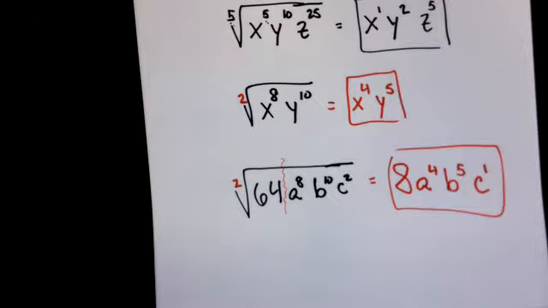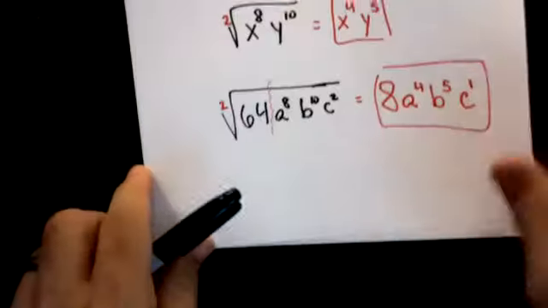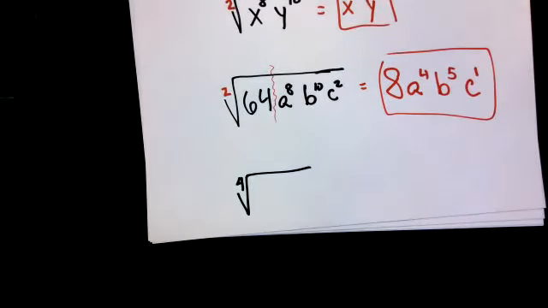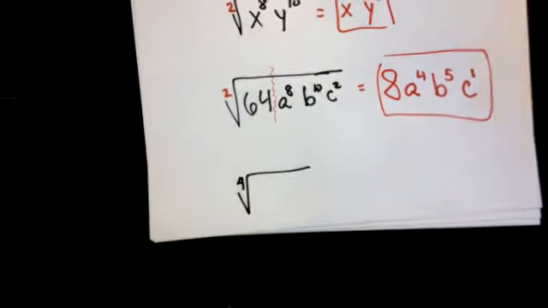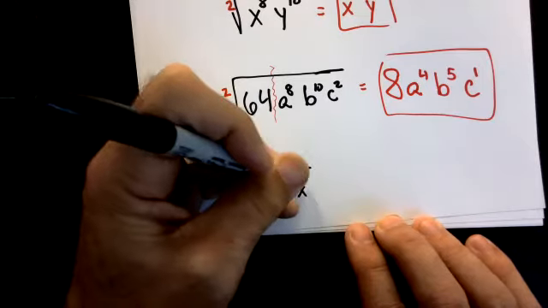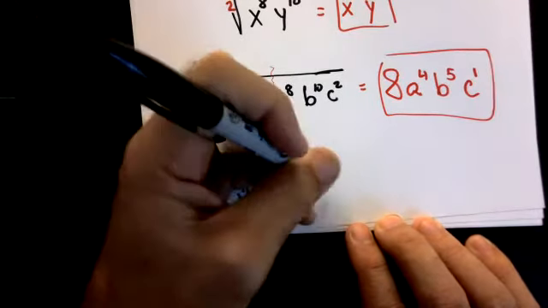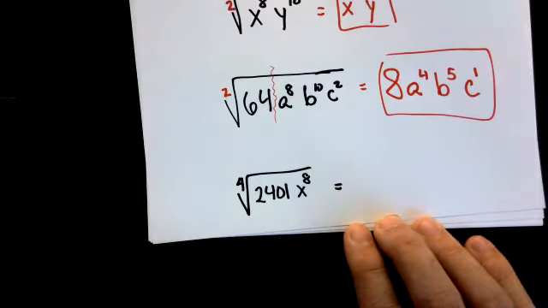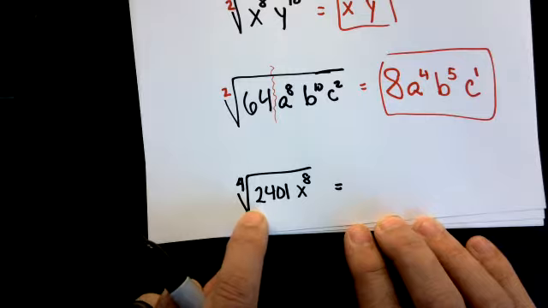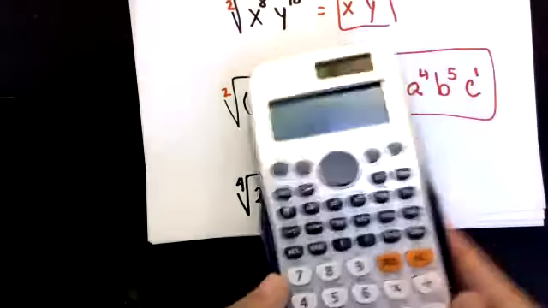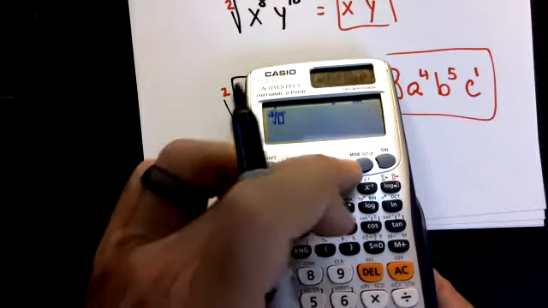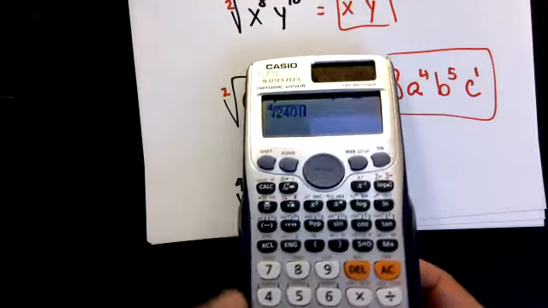And it would be the same if they gave us a different index. For example, if they said the 4th root of 2,401 x to the 8th. Again, I don't know the 4th root of 2,401 right off the top of my head, so I would go to my handy dandy calculator, hit my radical button up there, type in my index, and 2,401.